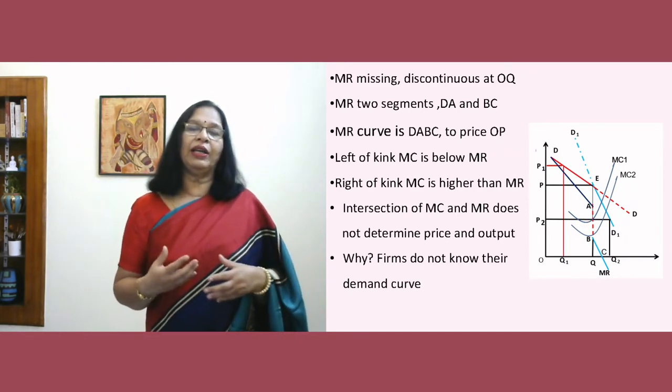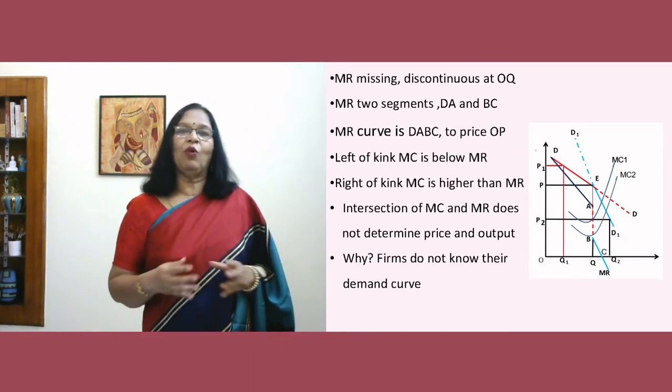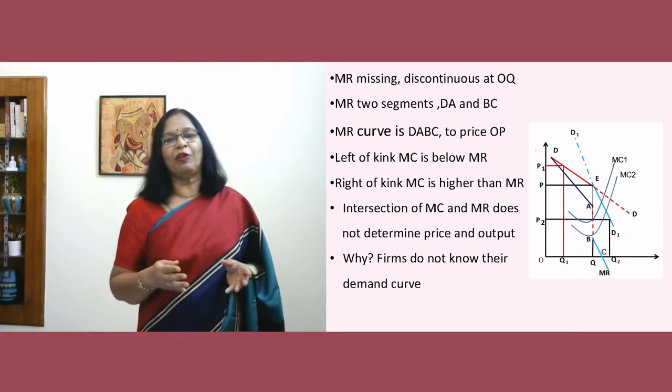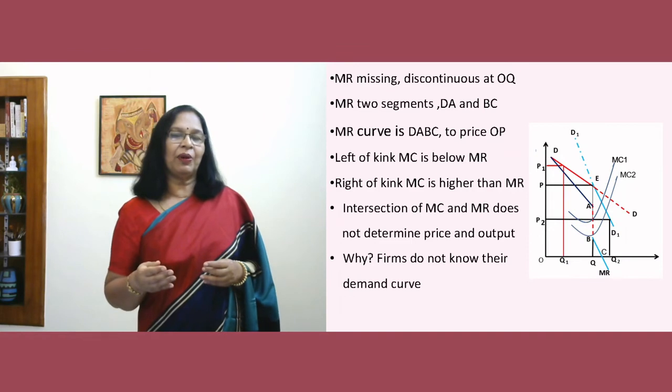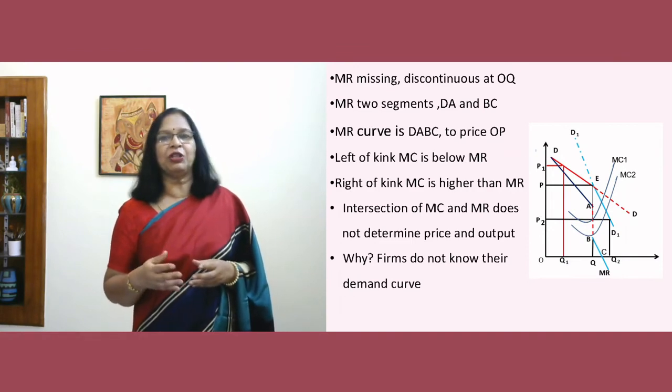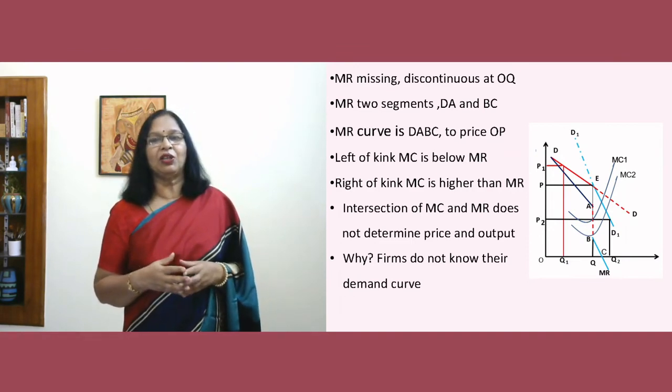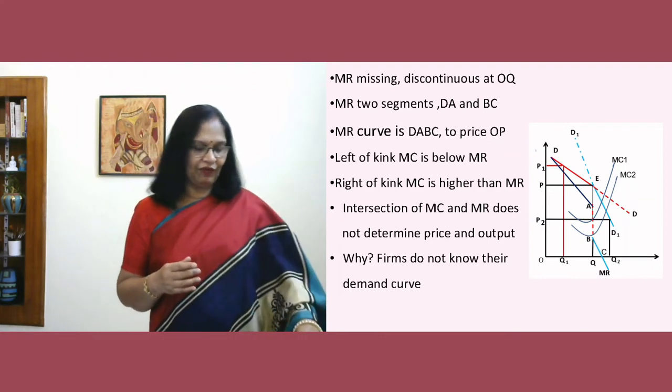This is a new idea, because we have always understood in the case of perfect markets and other forms of market that price and output are determined where marginal cost is equal to marginal revenue.